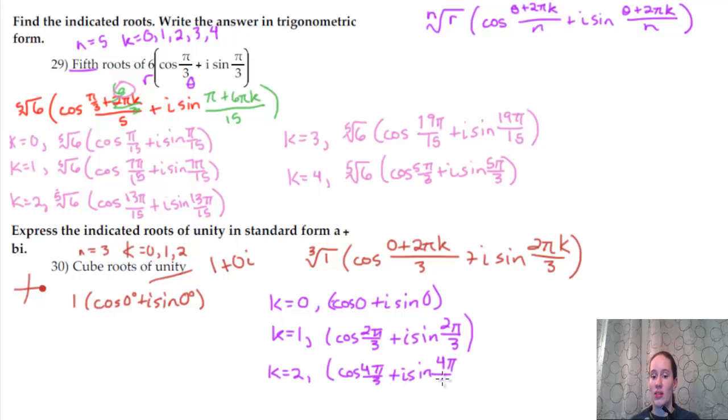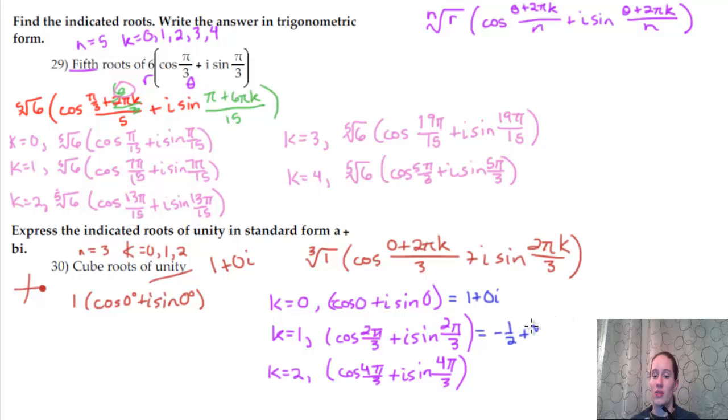We want these to be in standard form, and we're going to use the unit circle to help us. Cosine of 0 is 1. This is 1 plus 0i, which is really just what we started with, right? So that would be pretty easy. Cosine of 2 pi over 3 is negative 1/2.